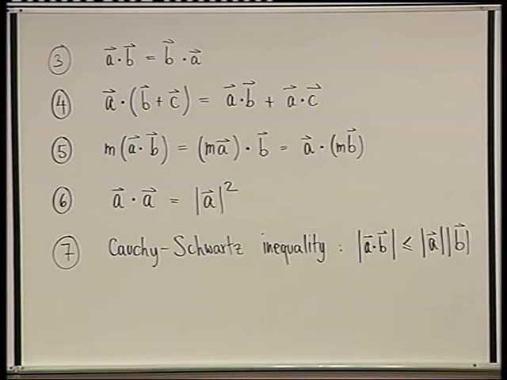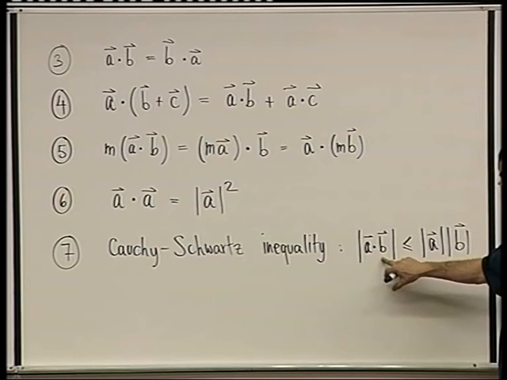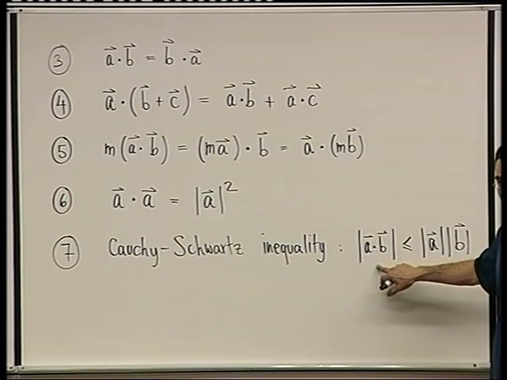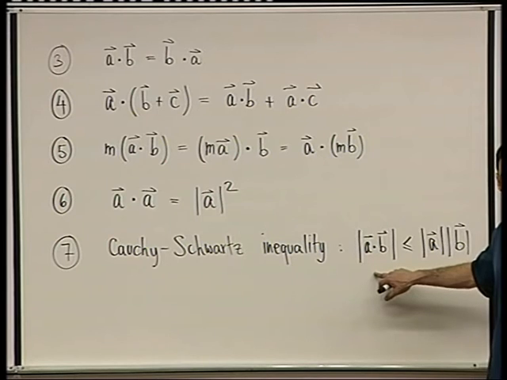Why is this true? Let's prove it in our heads very easily. What is A dot B? It's the length of A times the length of B times cosine of alpha. Cosine of alpha, no matter what alpha is, is always less than or equal to 1. Do you agree?